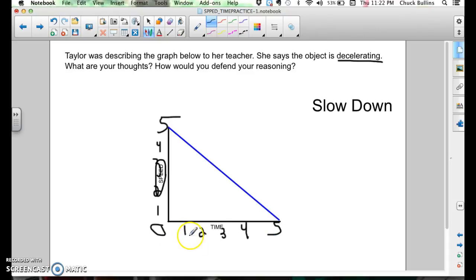I notice that at 1, this object seems to be going about 4.5 miles an hour. At 2, it's going about 3.5. At 3, 2.5. At 4, 1.5. And at 5, it's going 0. This object is indeed decelerating. It is slowing down, and I would agree with everything that Taylor says.